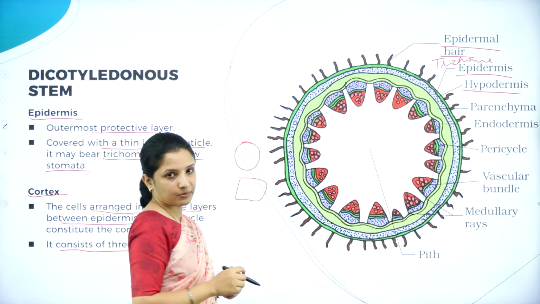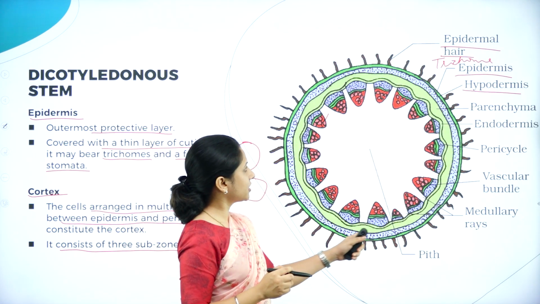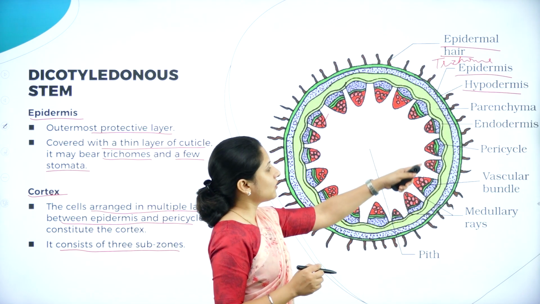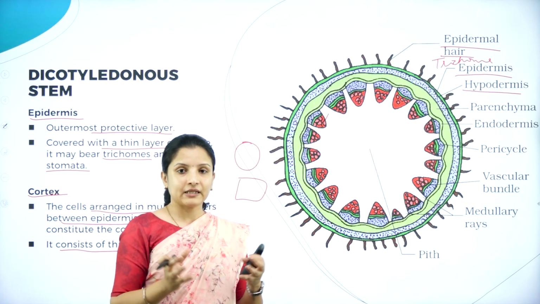So dicot stems are usually round, and if you see the entire dicot stem under the microscope, it is a circular structure having all the vascular bundles situated in an array-like arrangement.